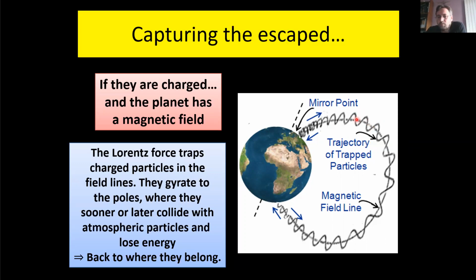If it's not super fast, it will be trapped by the Earth's magnetic field. It gyrates around, and if it has a bit of momentum upwards or downwards along this field line, it will travel along this field line. And at some point it spirals into the atmosphere, where it might collide with another one, and then we keep it.